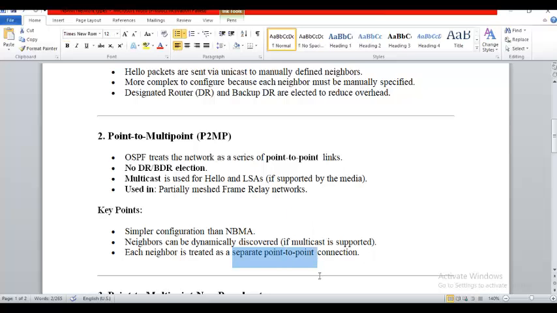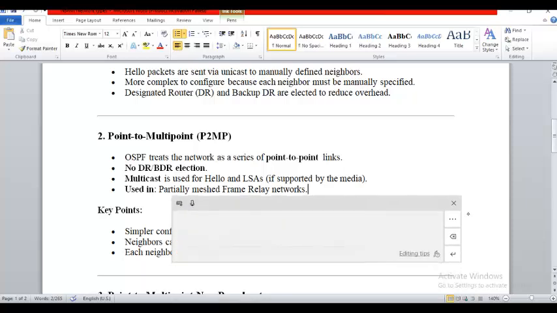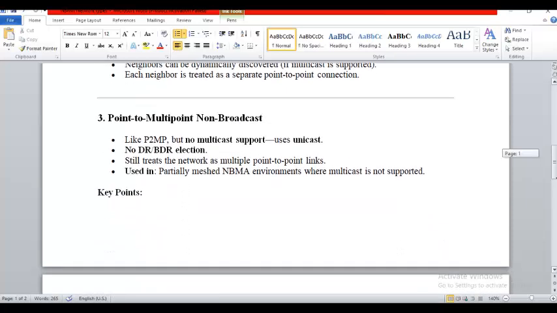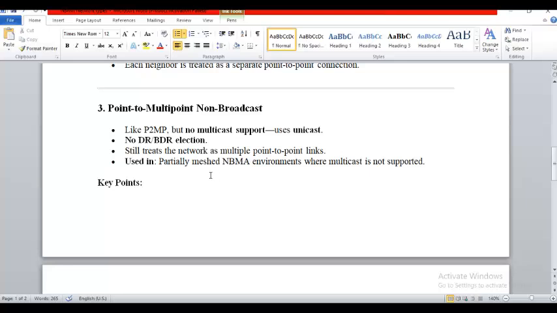And the third one is a combination of both. Like point to multipoint, the best thing is there is no DR BDR election.